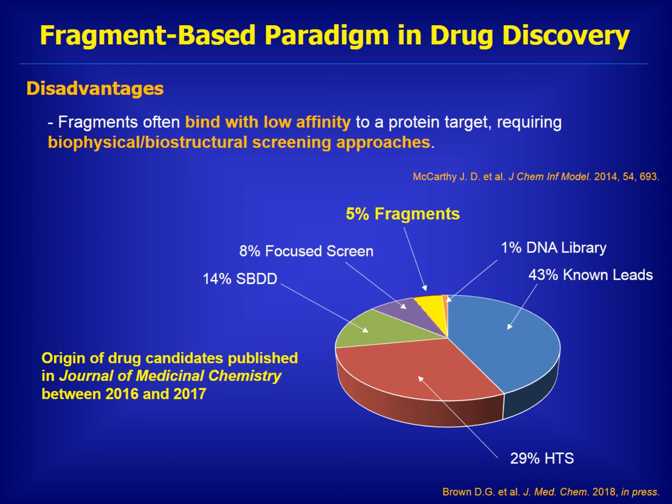In a very recent work published last month, we can see that only 5% of drug candidates published in the Journal of Medicinal Chemistry derive from fragments. So it is possible that in the near future, this percentage will increase as biophysical and biostructural screening approaches become more widely used.